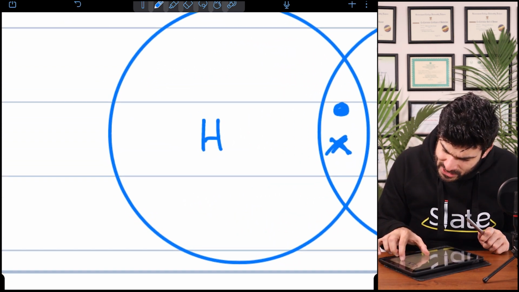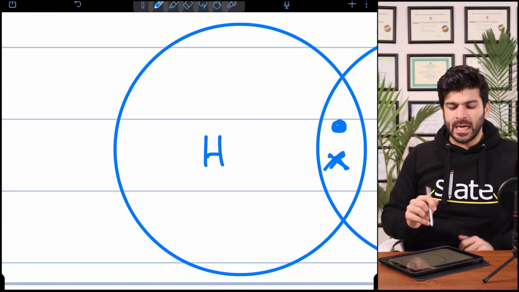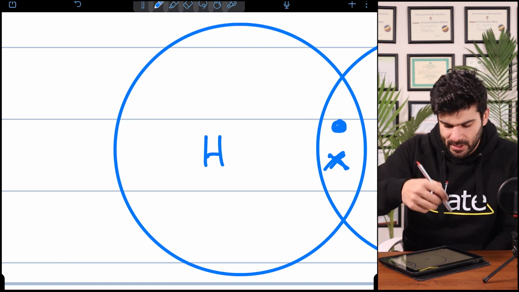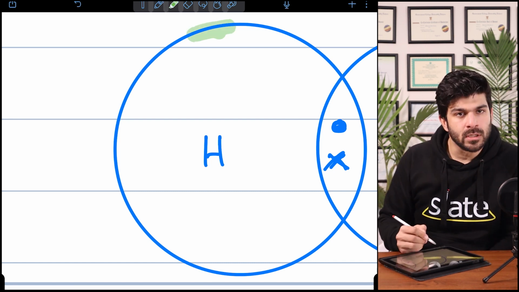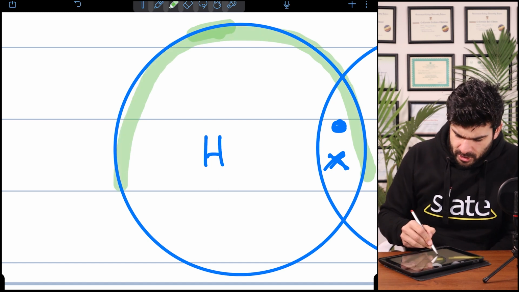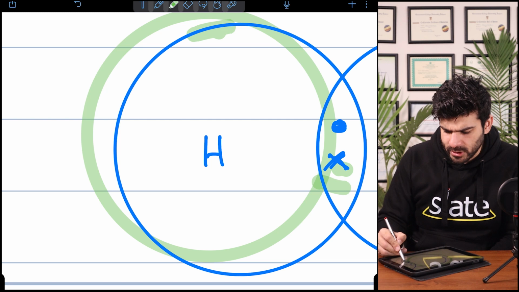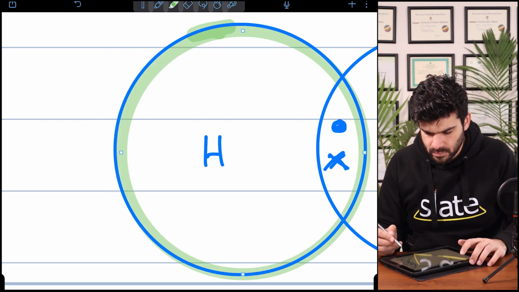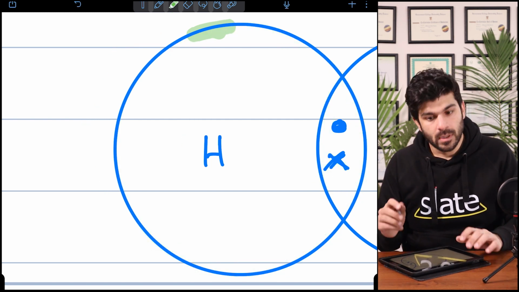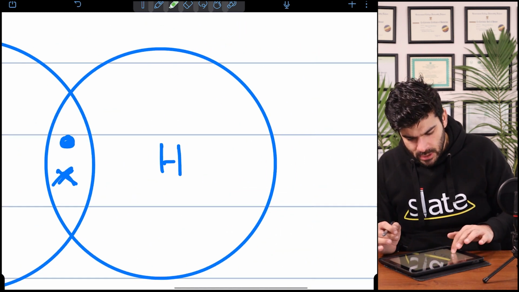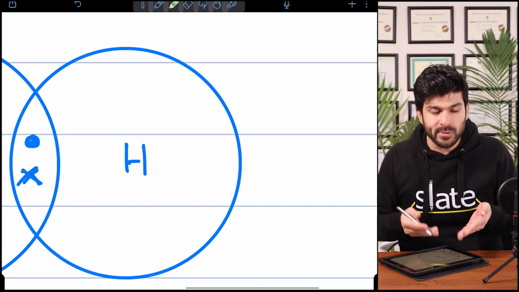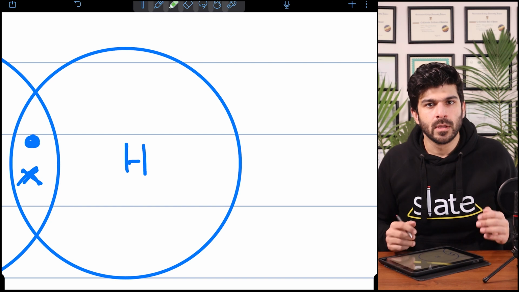So let's look at this hydrogen. How many electrons do we see? Look at this circle, this very circle. There are 2 electrons here. So this hydrogen has 2 electrons. Let's look at this hydrogen. Even this hydrogen has 2 electrons.